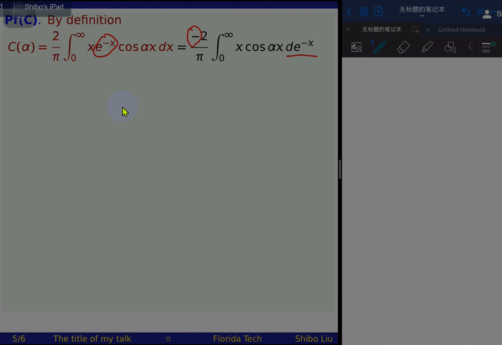Then, having written the integral in this form, we apply integration by parts. So the first term is the multiplication of the terms outside and inside the differential d. That is x e to the minus x cosine alpha x, evaluated at 0 and infinity.